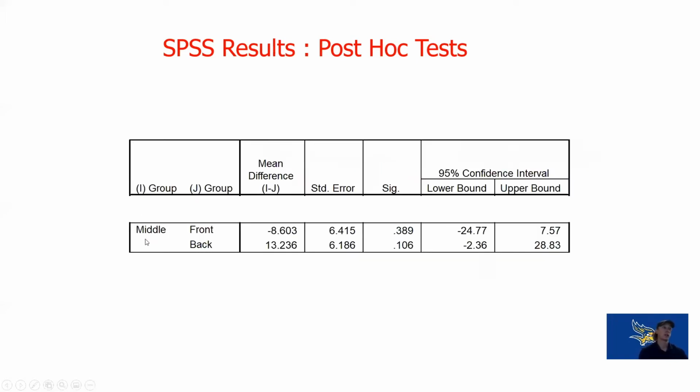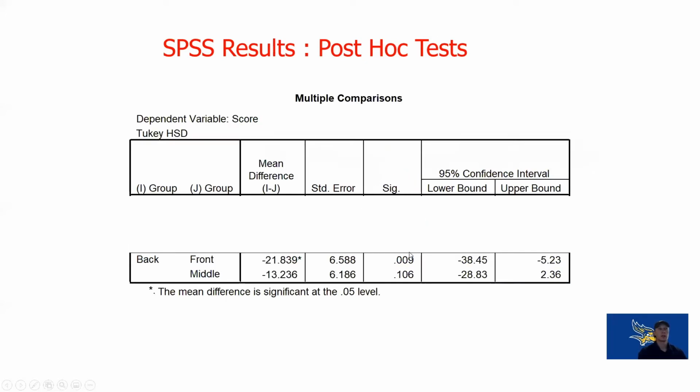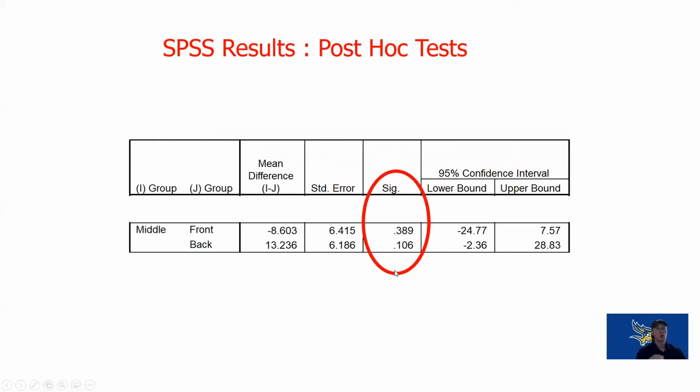If we look at the next one, between the middle and the front, we see a significance of 0.389, and from the middle to the back, 0.106. So in this case, there is no significant difference because neither of these values is less than 0.05.